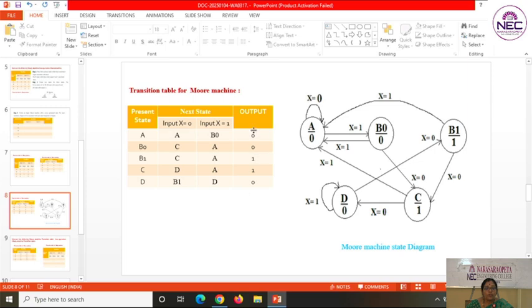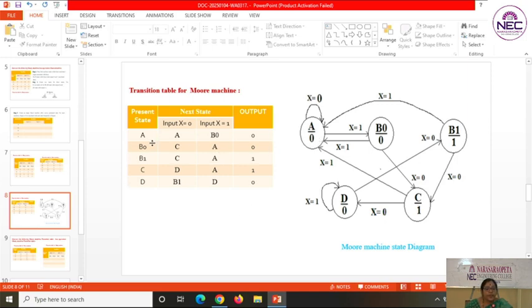The outputs are: A state is 0, B0 state is 0, B1 state is 1, C state is 1 and D state is 0. In Moore machine, the output is inside of the state.